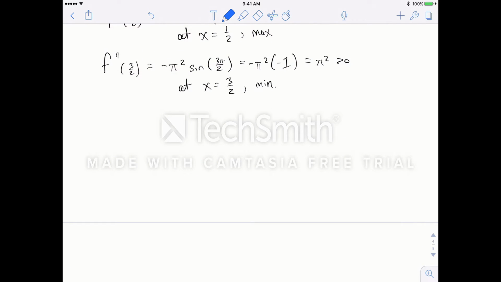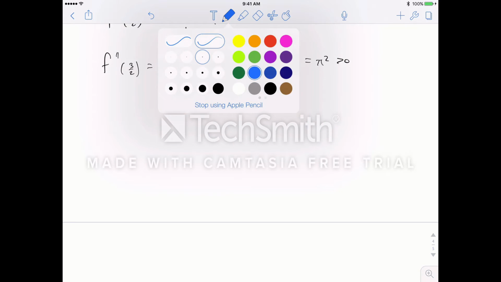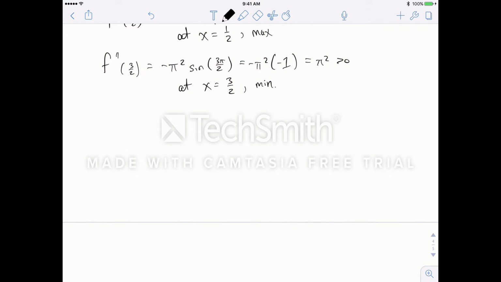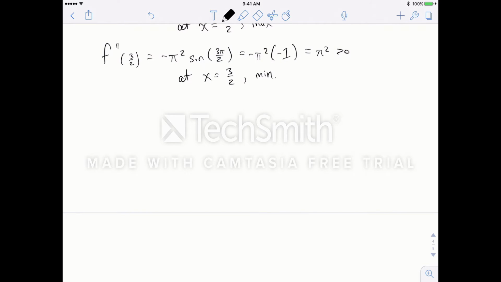Okay, so now that we have that, we just need to figure out where the function is concave up. So if we want to find where it's concave up, we need to look and see where the second derivative is positive. So let's again look at our second derivative.